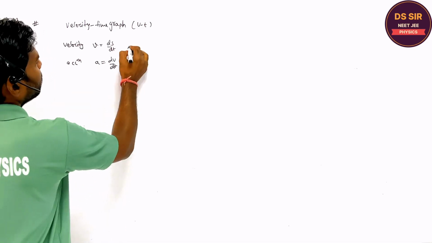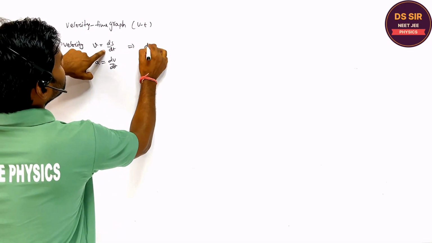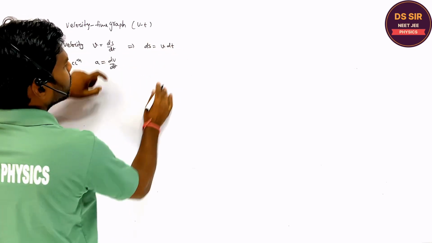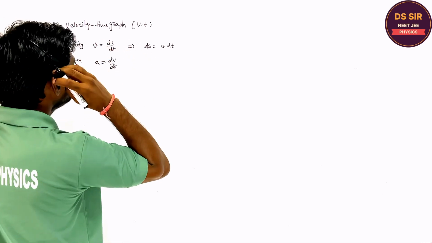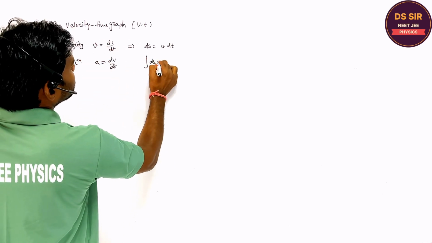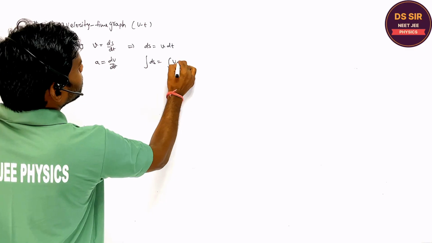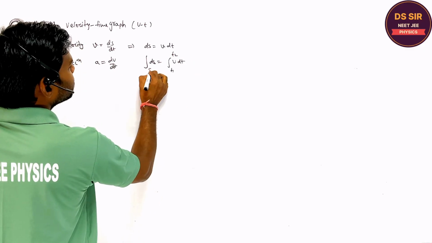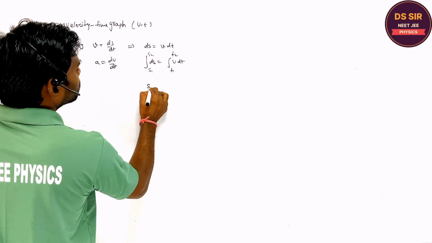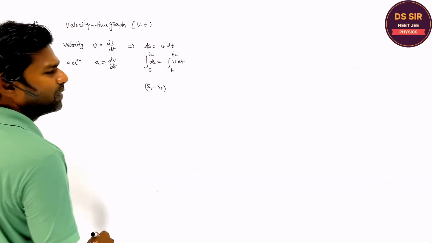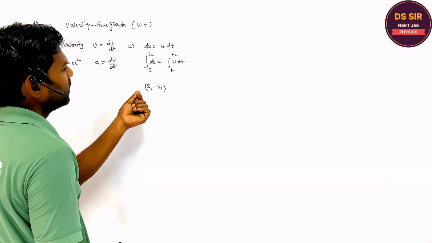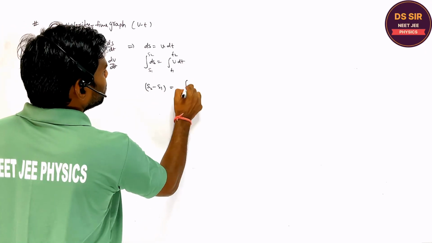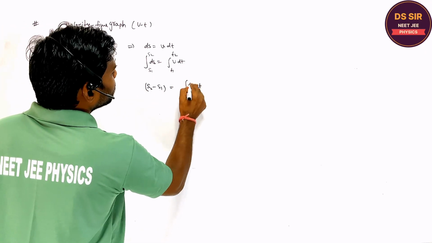All right, listen one more thing. If you consider this equation, ds is equal to v into dt, and if you integrate this, from t1 to t2, this is s1 to s2. So s2 minus s1, the final minus initial position, is equal to the integral of v dt from t1 to t2.